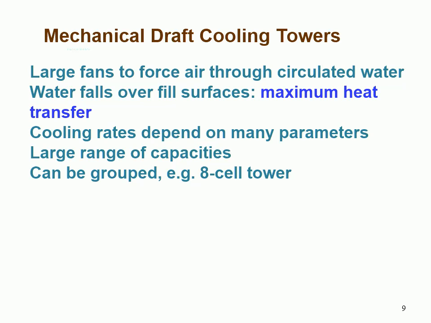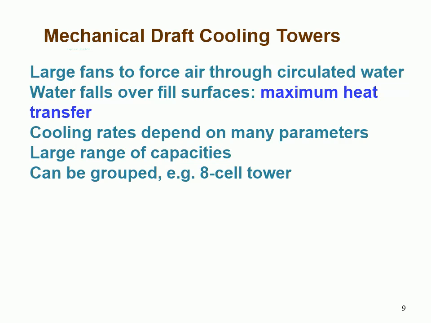Cooling rates of mechanical draft towers depend upon various parameters such as fan diameter and speed of operation, fills for system resistance, etc. Mechanical draft towers are available in a large range of capacities. Towers can be either factory built or field erected. For example, concrete towers are only field erected. Many towers are constructed so that they can be grouped together to achieve the desired capacity.